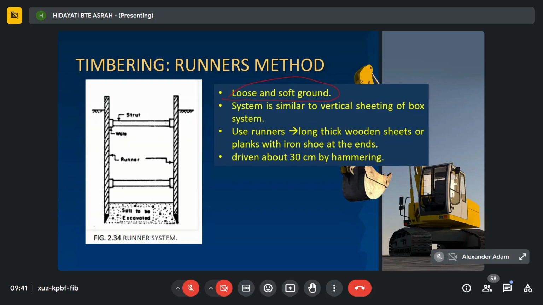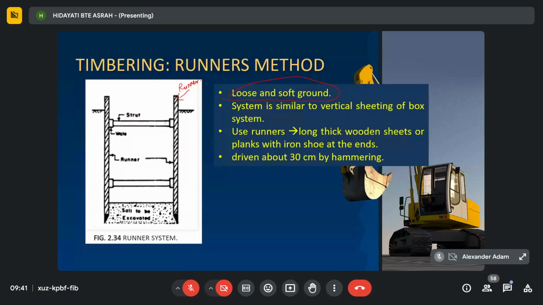This system is similar to the vertical sheeting of the box system, except that in place of vertical sheeting we use a runner. This is the example of the runner, because in the first picture describing the members of timbering, it is not shown. This is a runner. A runner is made of a long thick wooden sheet or plank with iron shoes.